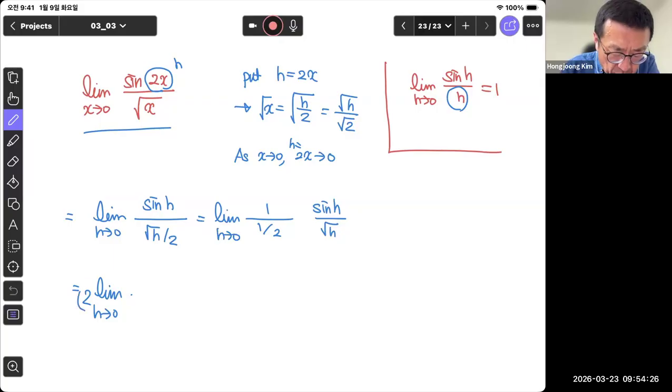So I have a constant in front of the limit function, and then I have sine h over square root of h.